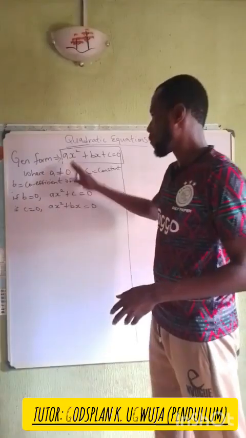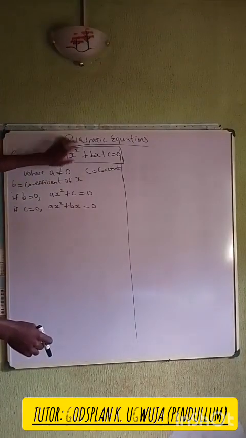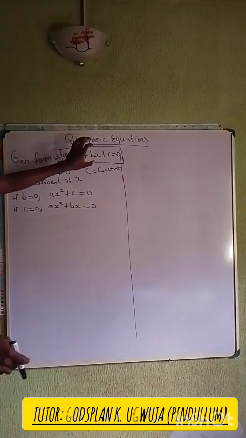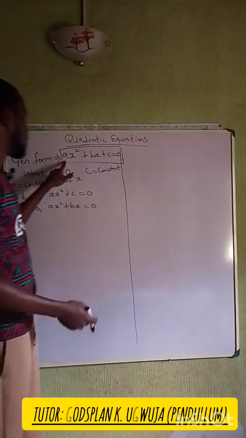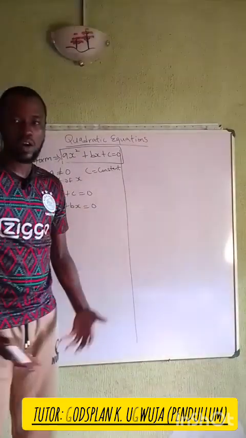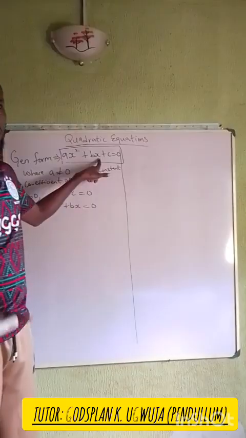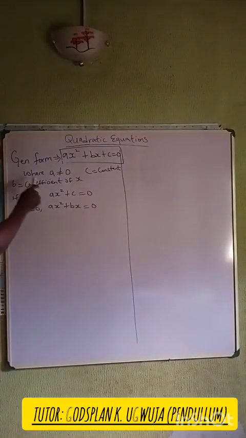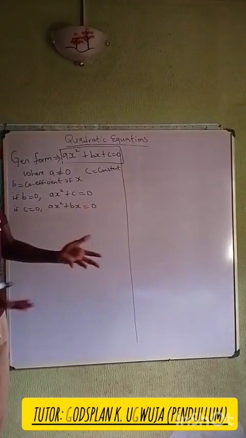If a is 0, everything here will disappear because 0 times anything is 0. Then the highest power of our variable will be just 1, which is no longer a quadratic equation. That is why a cannot be 0, so that this does not disappear.